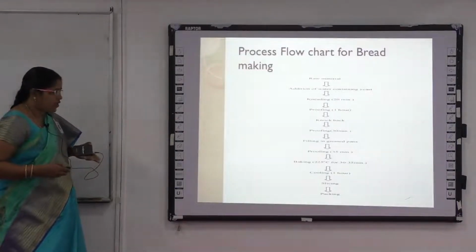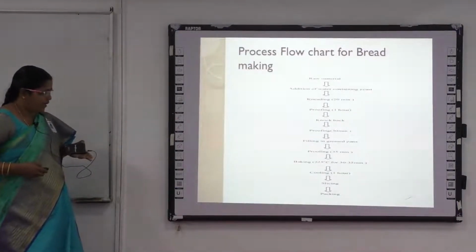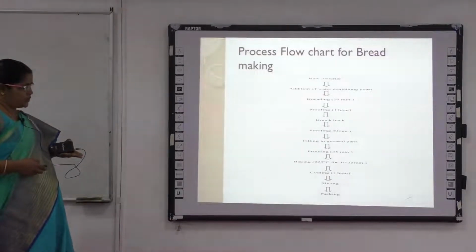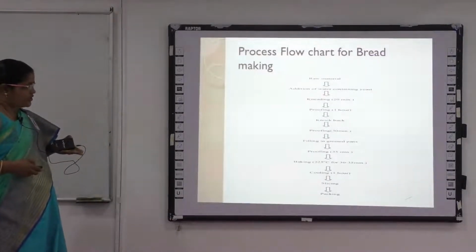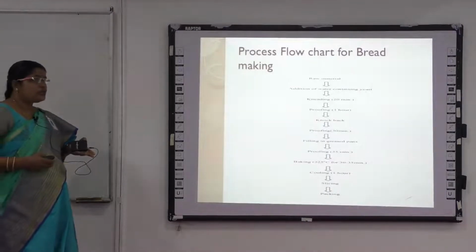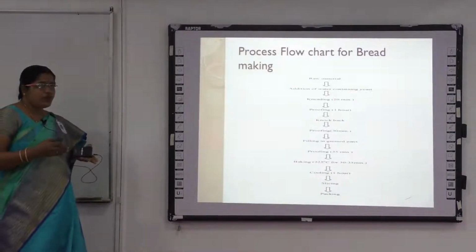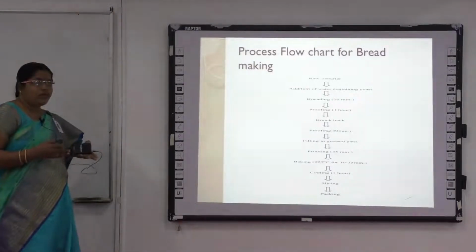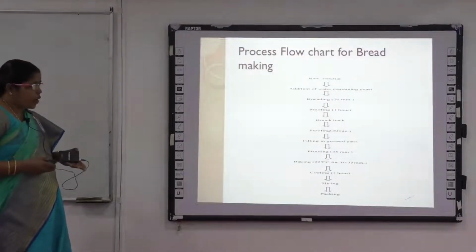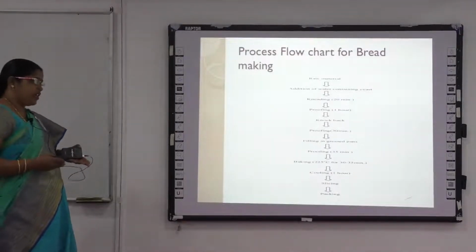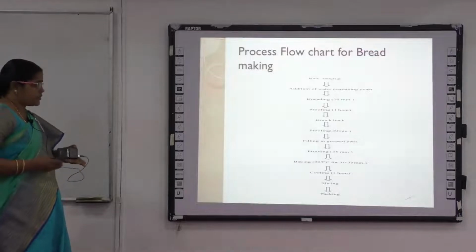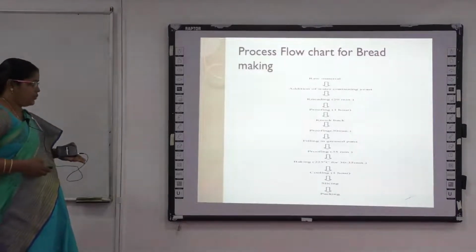That is called knock back. Knock back is the process during proofing which needs to be done in order to distribute heat uniformly in the dough, whereby we can achieve proper fermentation, dough development as well as carbon dioxide production during proofing.